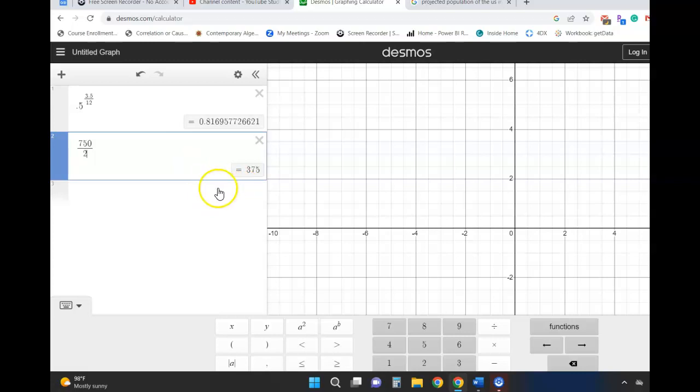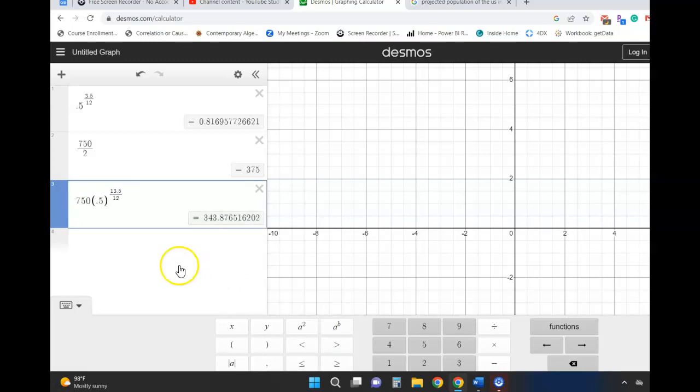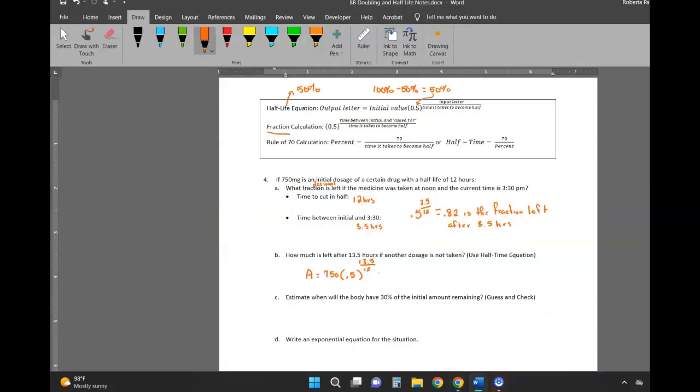We should have a little less than that. So we have 750 times 0.5, raised to the exponent 13.5 divided by 12, and we end up with 343.88 milligrams.